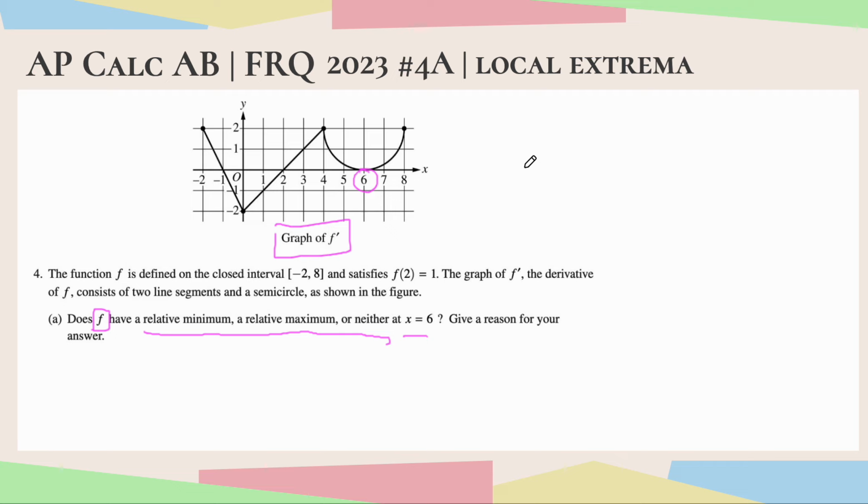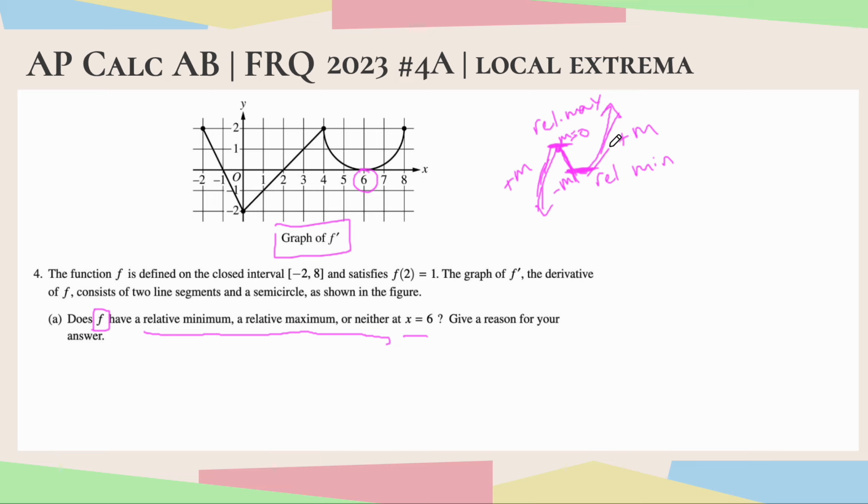Okay, so first let's talk about mins and maxes in general and what we're looking for. So let's just say we have a graph of something like this. In this case, we would have a relative max here, and then we would have a relative min here. So what we notice about these is the slope over here is positive, right? So we have this positive slope. At this maximum point, it becomes 0, then it turns negative, then it hits 0 again where we have that minimum, and then it goes positive again.